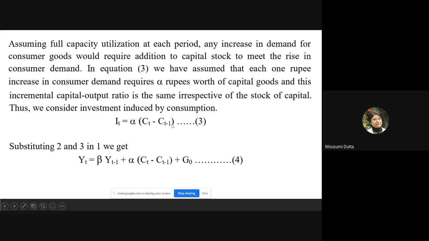So if there is any incremental consumption expenditure, this ratio will remain constant. It will not differ between T minus 1, T plus 1, T plus 2. This value will not change. Alpha is a constant.